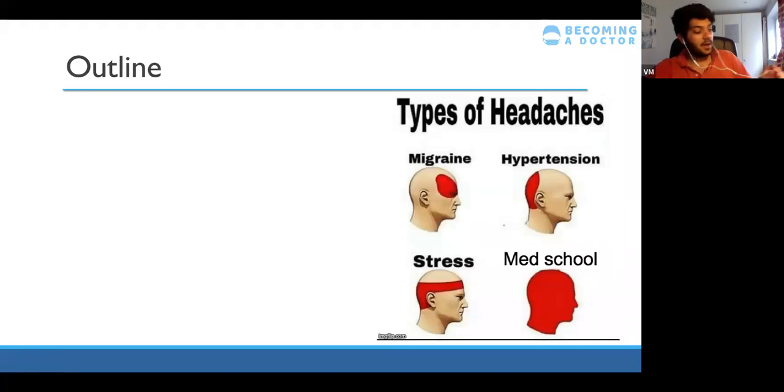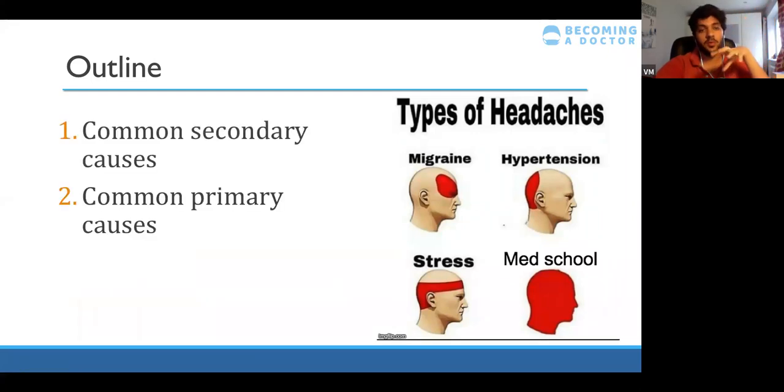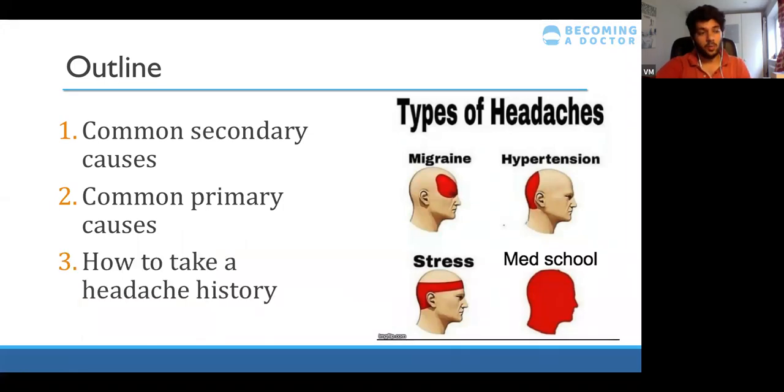So in terms of the outline for this presentation, I'm going to be going through two different types of headaches. We divide headaches into secondary causes of headache and primary causes of headache. Secondary causes being the more serious stuff, but slightly rarer. Primary causes being the more common but chronic stuff. And I want you throughout this talk to basically be able to formulate a headache history.